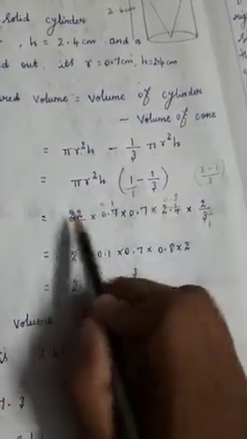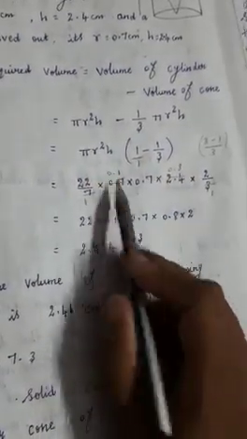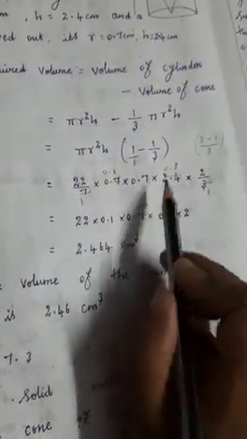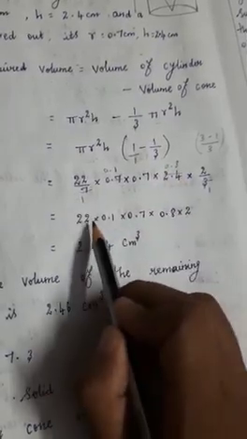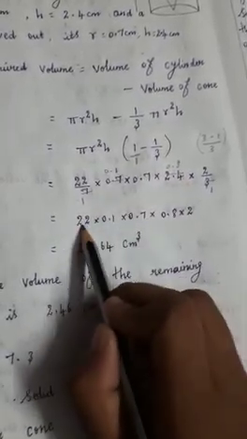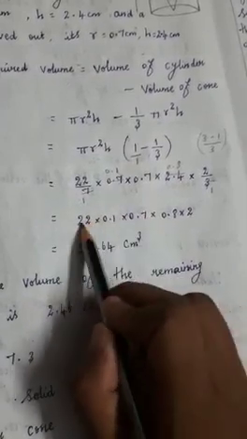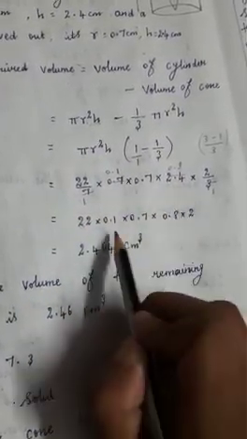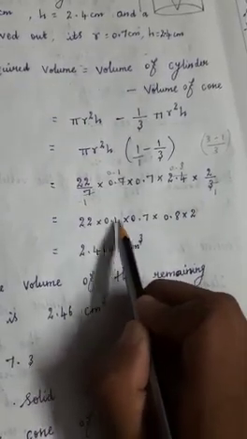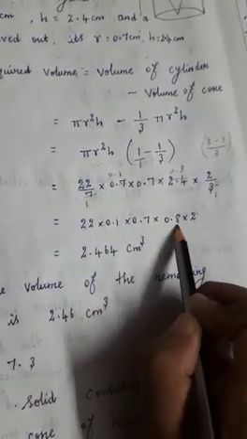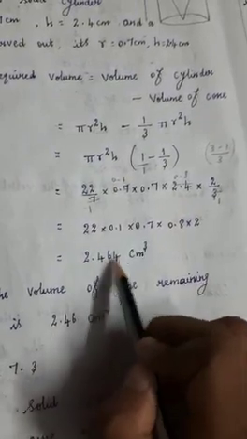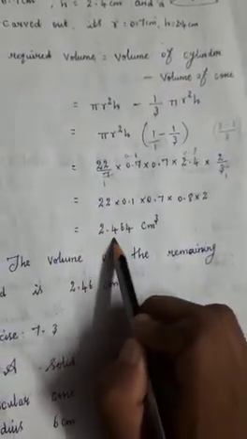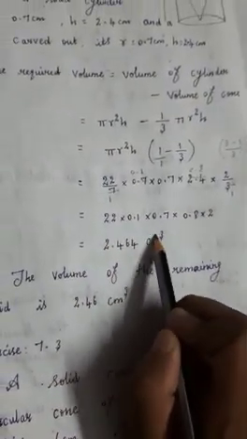Now multiply the remaining: 22 into 0.1 into 0.7 into 0.8 into 2. Remove the points and multiply: 22 into 7 into 8 into 2. After that, put the point. There is 1 digit after the point in each of three numbers, totally 3 digits, so put the point before 3 digits. The answer is 2.464 centimeter cube because it is volume.